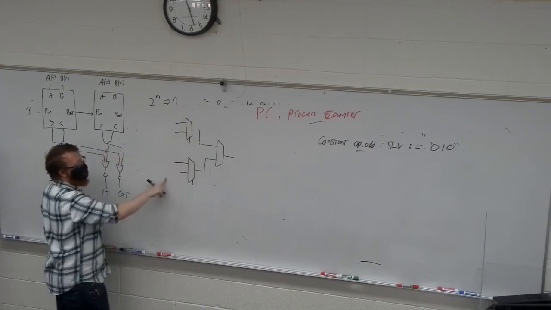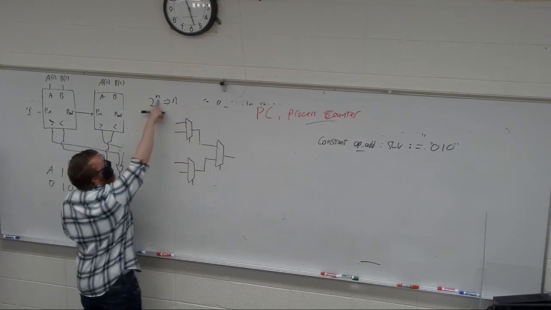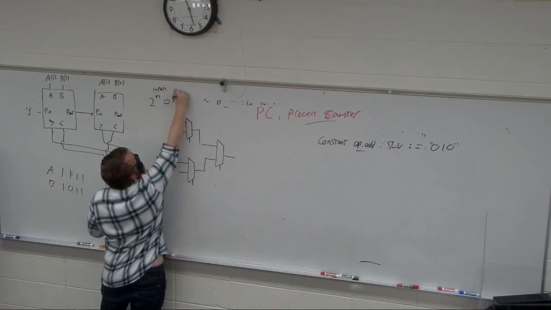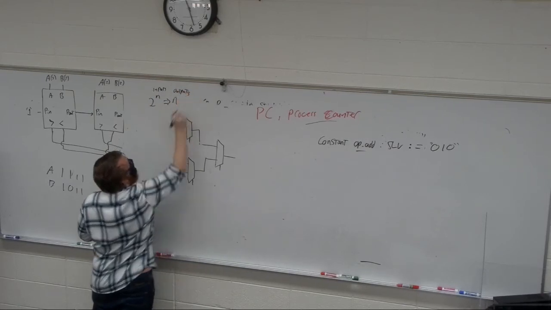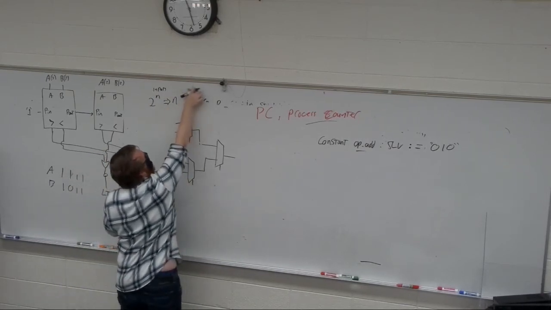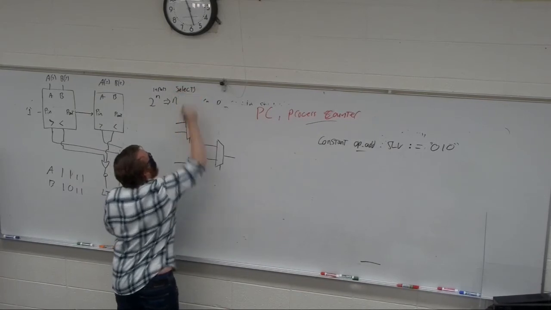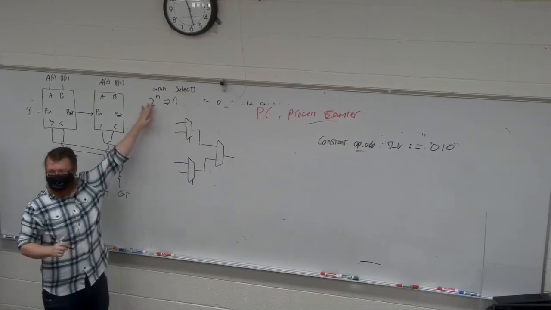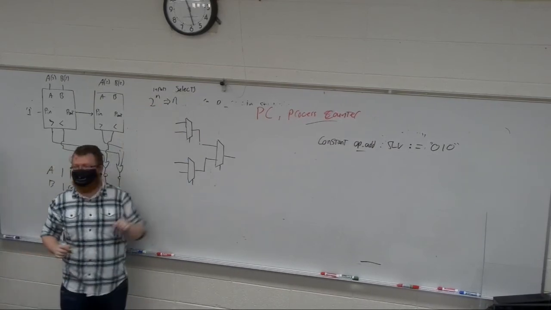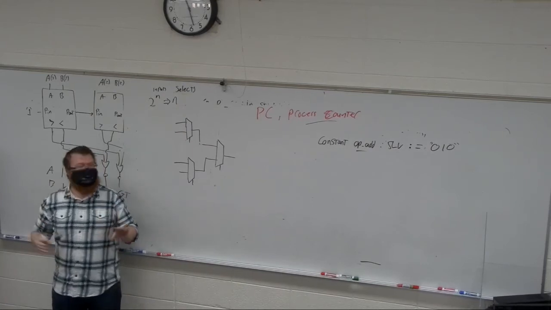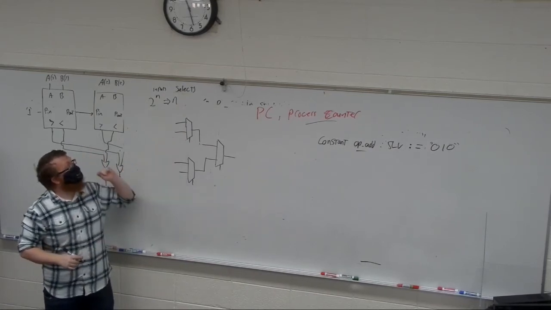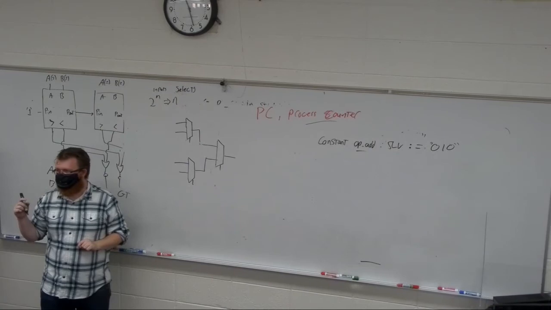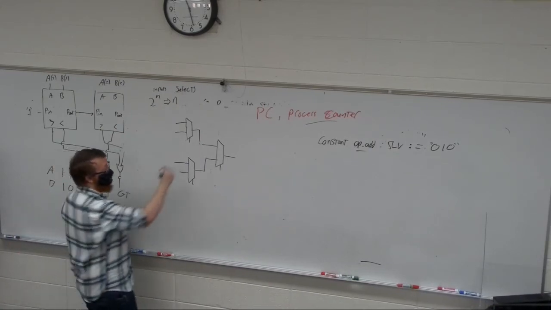So 4 inputs, 2 to the n. Call them selects. So I have 4, 2 to the 2 inputs, but I need 2 select signals. Where in this does select 0 go? The first 2.